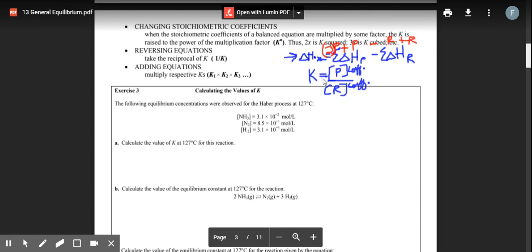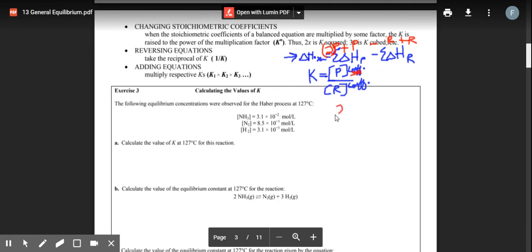Now, if I do that for K, it is a little bit different because you see how these coefficients are multiplied through my products. Well, here, our coefficients are raised to the power. So if I multiply a coefficient for K to find a new K value, I have to raise it to that power.